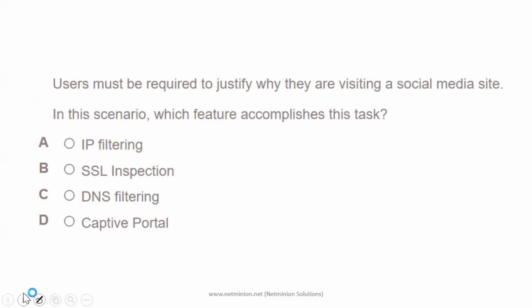Okay, this is your last question. Give me the answer. Users must justify why they are visiting social media. You are required to justify why they are visiting social media. SSL inspection? Are you sure? How can we justify based on IP filtering?